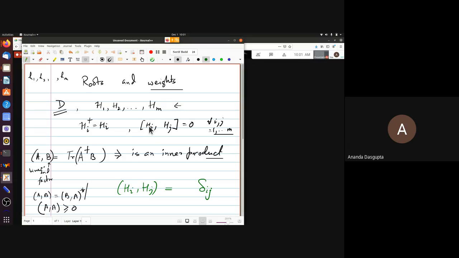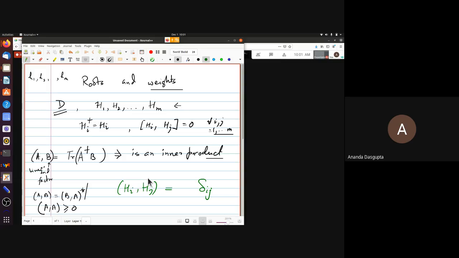Now, you can of course choose other linear combinations. In particular, you can orthogonalize, because if H1, H2, Hm commute with each other, any combination also commutes with each other. You can always choose an orthogonal version, right? That's just the Gram-Schmidt orthogonalization procedure. You just orthogonalize. If they were not originally orthogonal, you can orthogonalize them.